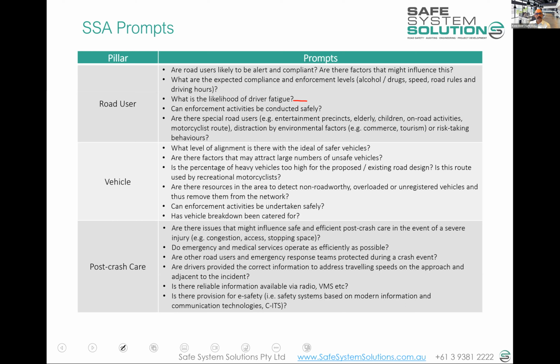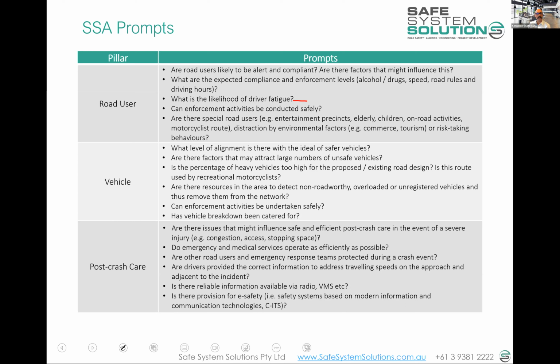Can enforcement be conducted safely? That one's been an interesting one because in a lot of projects, the designers haven't thought a lot about the ability to undertake enforcement activities. And so we've had some great success with thinking through that, talking to the police, asking how do you do enforcement here?